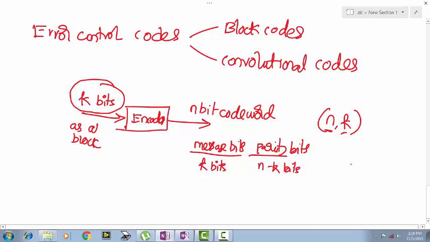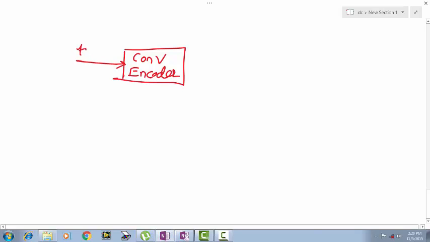Whereas coming to convolutional codes, convolutional codes are also used for error controlling purposes, and we can detect and correct errors. I will later tell you why the name convolutional encoder has come. A convolutional encoder takes k bits as input, but these k bits are not given as a block.